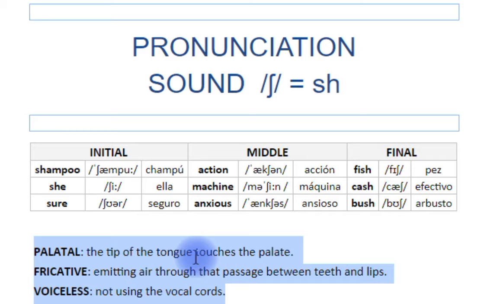So, the tip of the tongue against the palate, then blow air. Fricative means emitting air, and voiceless means that you don't need the vocal cords. So you don't use the vocal cords in this sound.